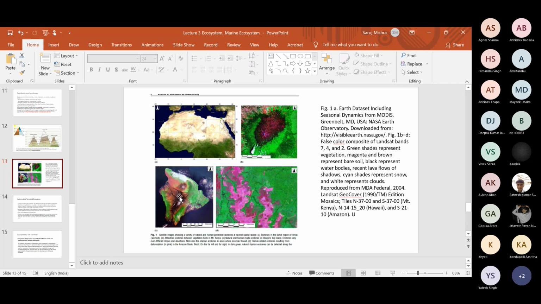So this brown color which you see here is because of some volcano which had erupted. The lava came out and destroyed all the vegetation. So when you take a picture, you will see a very drastic demarcation here.